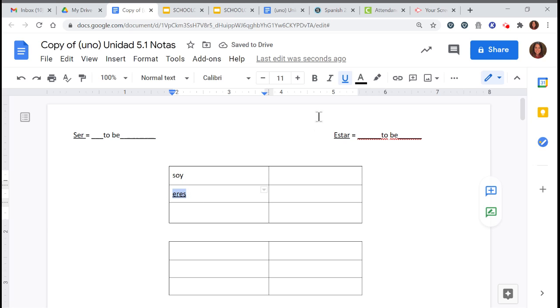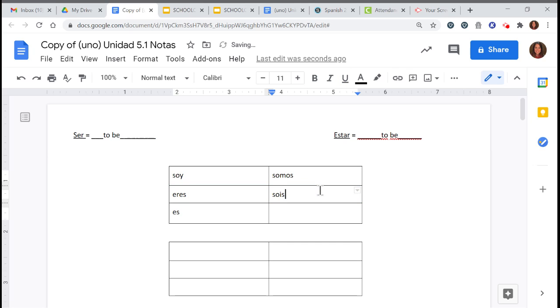Oops, I don't want this underlined. We'll fix that. Es for el, ella, usted form. Somos for nosotros. Vosotros, we have sois. There's no accent mark here for vosotros. And then son for ellos, ellas, ustedes.